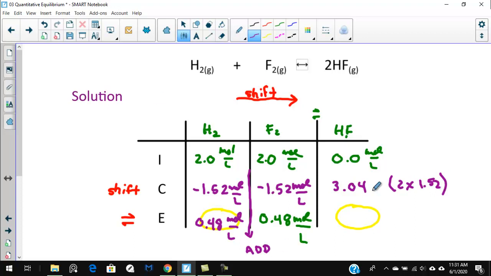So if there's a 1.52 change in the F, that results in 2 times that, a 3.04 change in the HF. And you'll notice also we're going to change the sign, and please get in the habit of putting the sign on these changes. This is a positive change. We're making this one. So then when we add 0 plus 3.04, we end up making a concentration of 3.04 moles per liter of HF. Okay.